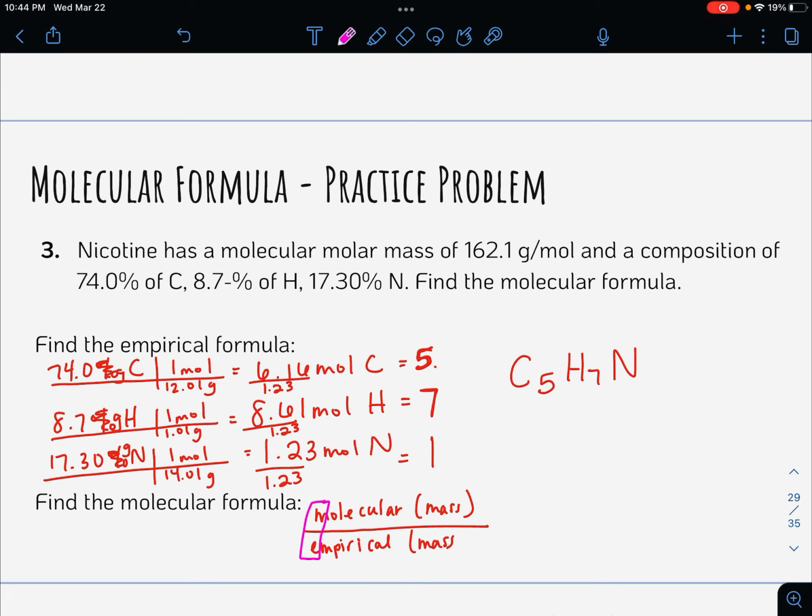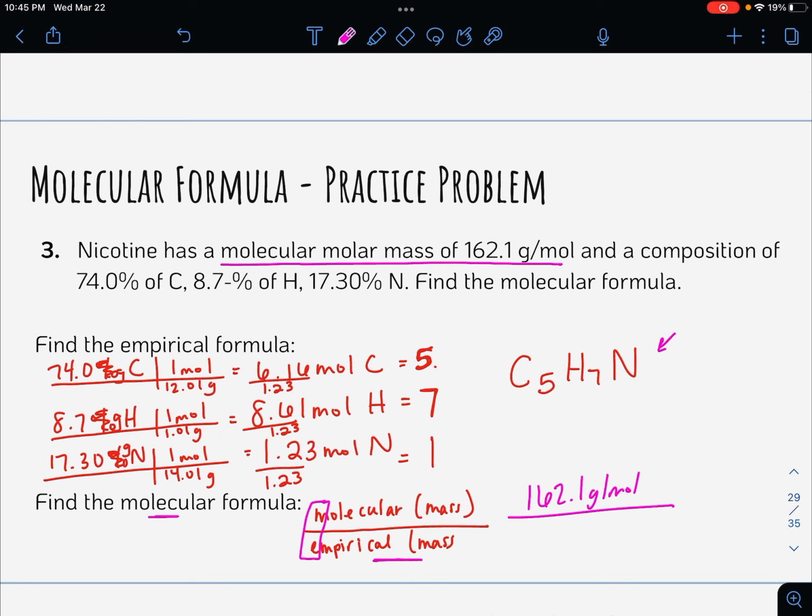M-E, me. So you know that M has to go on the top, the molecular mass. Let's look at our problem. It tells us that it has a molecular mass of 162.1. So I'm just going to plug that in.